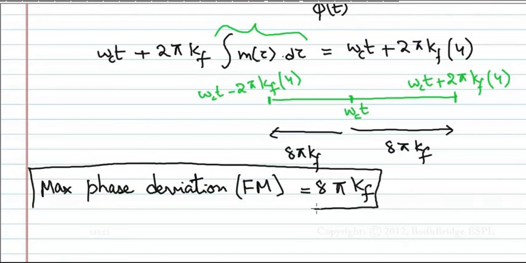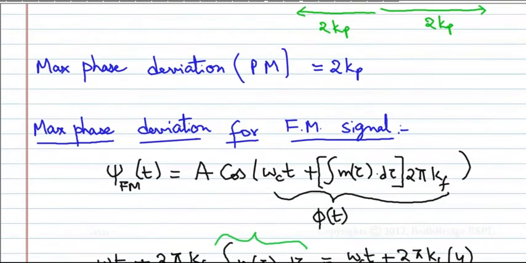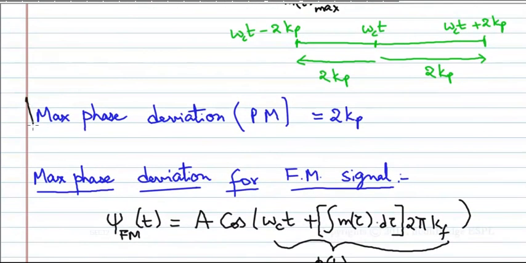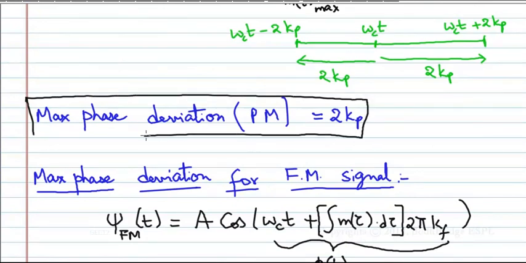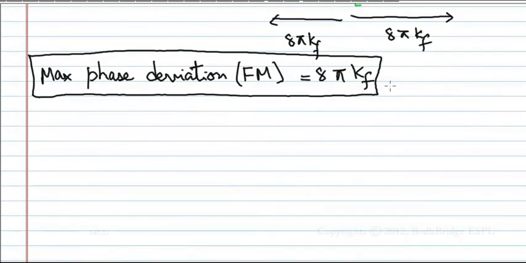This is my second result I got. Here the first result is what? Maximum phase deviation for the phase modulated signal is 2 into kp. This is 1, 2 into kp, and this is 2. In both the cases he said the phase deviation is same, it seems. 2 into kp is equal to 8 pi into kf.